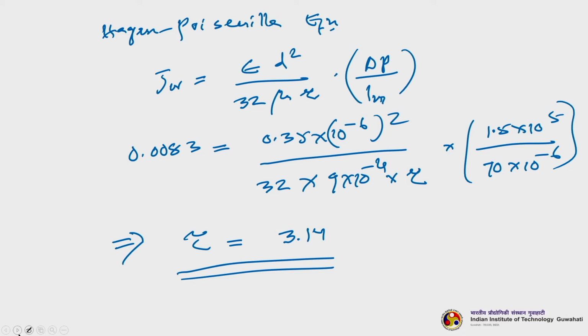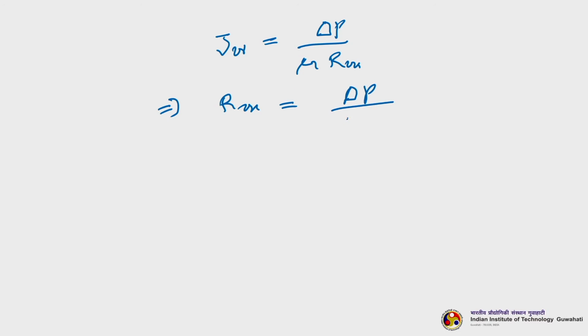Now, you have been asked to calculate the resistance to the flow. So, the resistance to the flow can be calculated from this equation. Jw equals delta P divided by mu Rm, where Rm is the resistance to flow offered by the membrane. So, from here we can write that Rm equals delta P by mu into Jw.